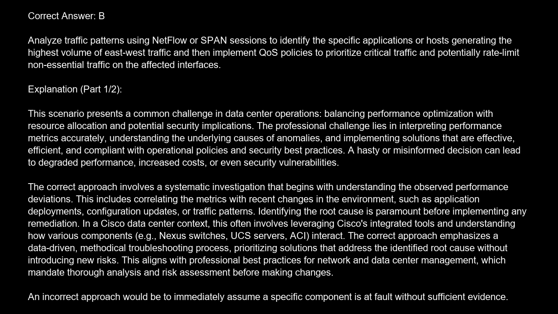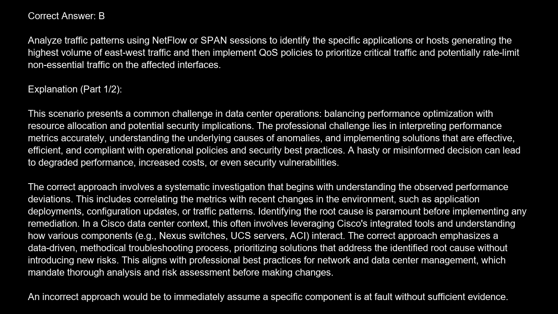In a Cisco data center context, this often involves leveraging Cisco's integrated tools and understanding how various components, e.g., Nexus switches, UCS servers, ACI, interact. The correct approach emphasizes a data-driven, methodical troubleshooting process, prioritizing solutions that address the identified root cause without introducing new risks.